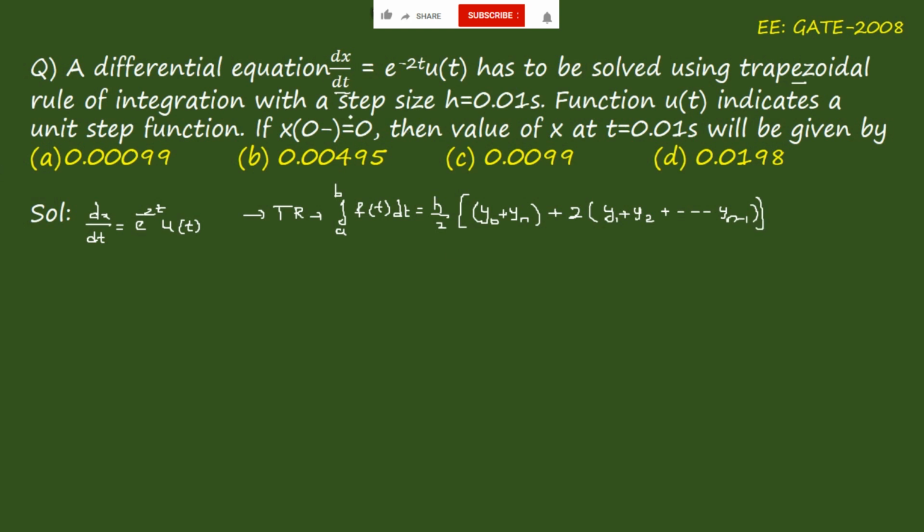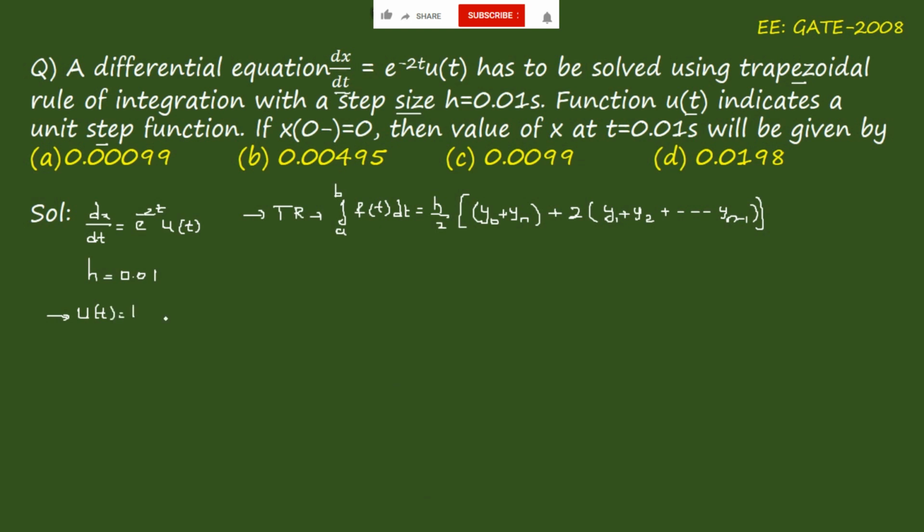Again they are given the step size h is equal to 0.01. The function u(t) indicates a unit step function.